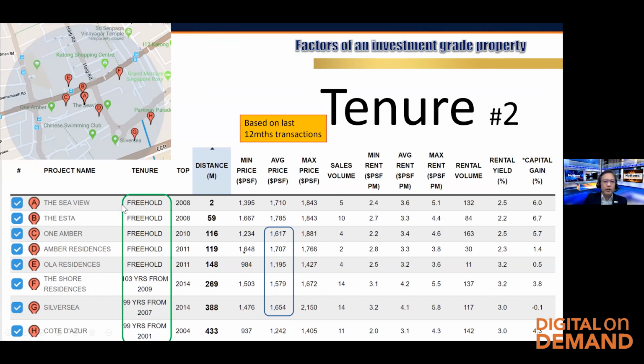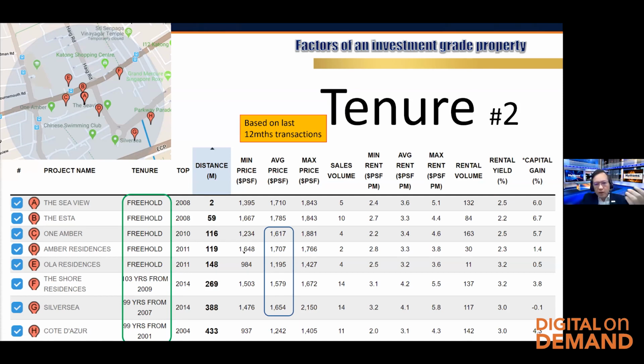For the freehold property over there, if you look into their age, One Amber Residences TOP around 2011. And if you look into the leasehold, like the Shaw Residences, the Silver Sea, they TOP 3 years down the road, so this is 2014. So effectively, they are actually quite close in terms of their age, right?